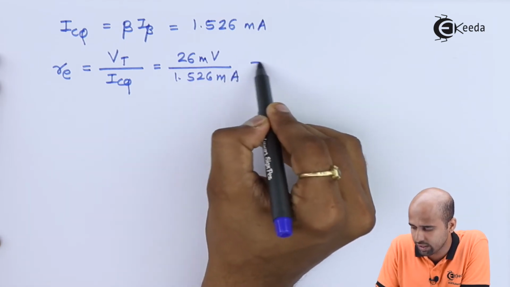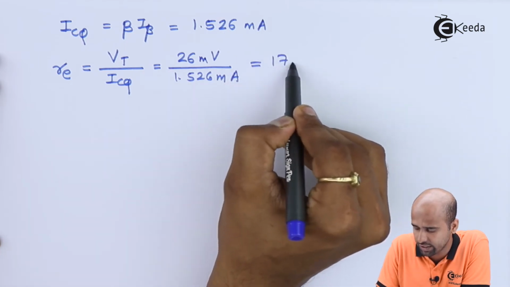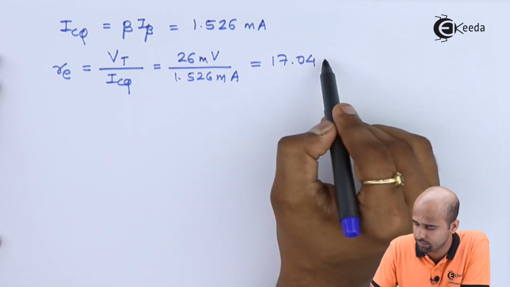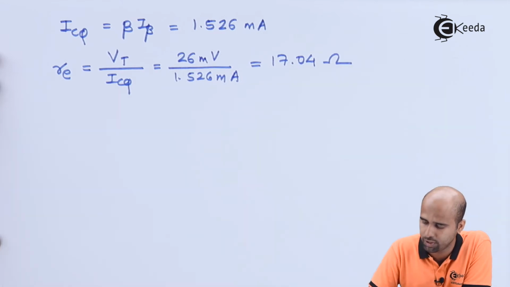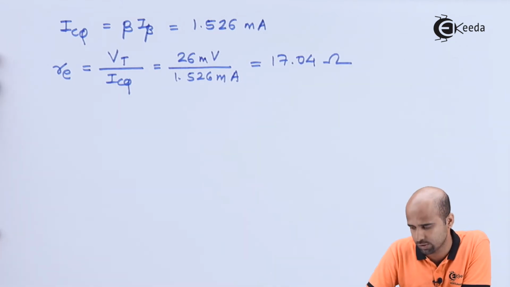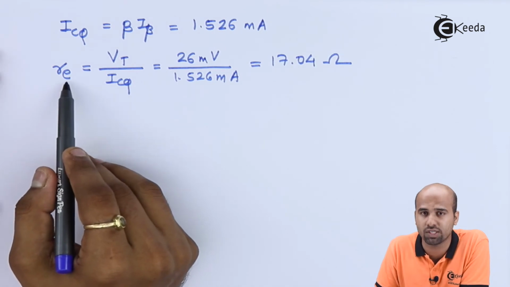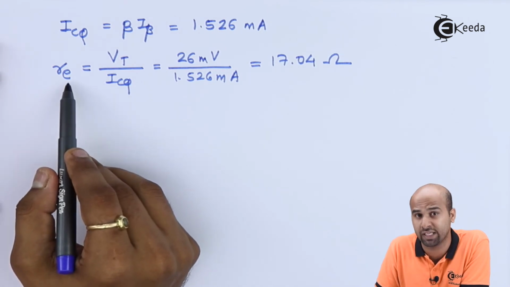Milli cancels milli, and we get 17.04 ohm. This is the value of small re, and it is important for us to calculate the gain.